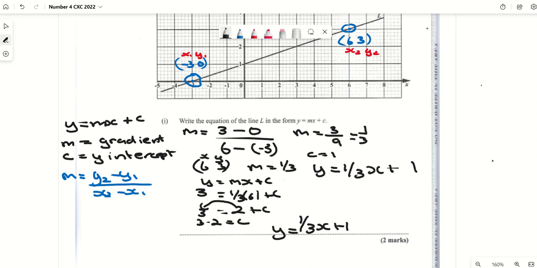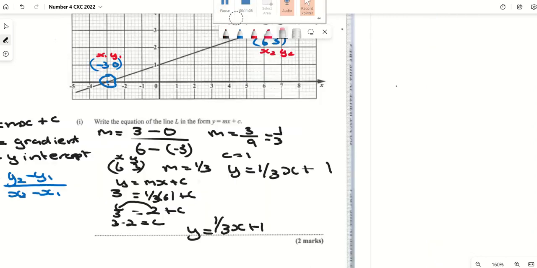Also, the other way, I don't have space to write it, but method 2 to do this is y minus y1 in brackets is equal to m by x minus x1 in brackets. And we have to make it in the form where y is equal to mx plus c. Now, y1 and x1 are a coordinate, so you're going to use one coordinate.